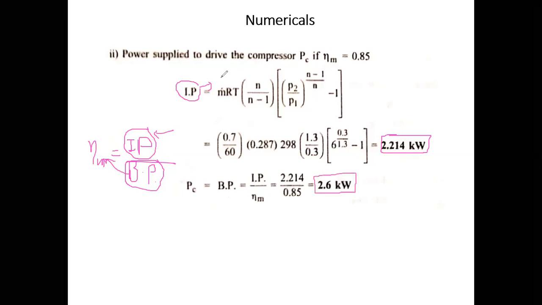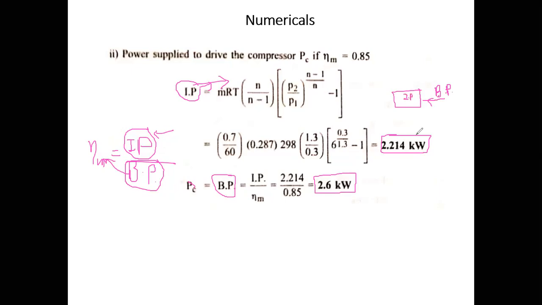So this is the formula for indicated power, that is the work done by a reciprocating compressor when compression is carried out by a polytropic process. And this is the formula by which we can find the brake power, that is the power required to drive the reciprocating compressor. I'll just elaborate on this. Suppose this is a compressor. Whatever power is required to drive the compressor, the power available at the shaft will be the brake power, and the power available inside the reciprocating compressor is the indicated power.